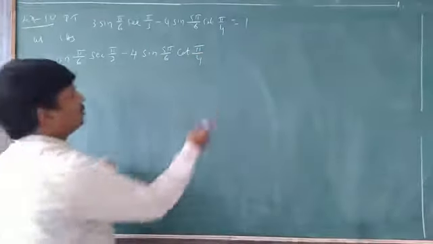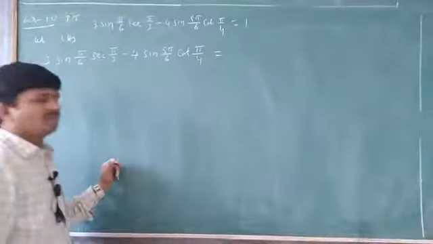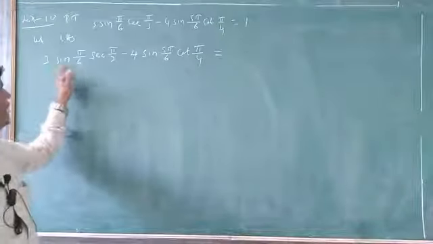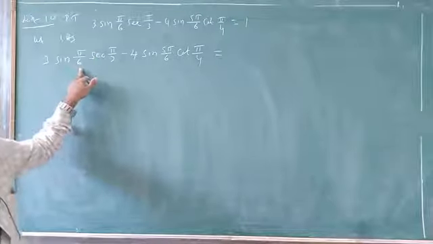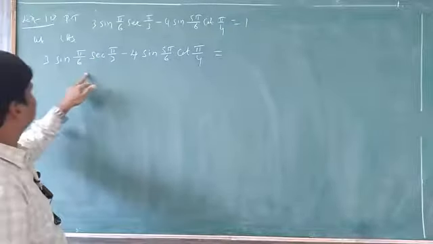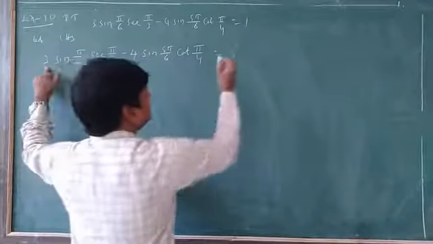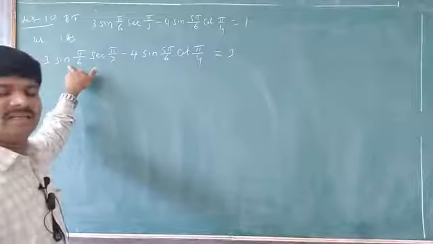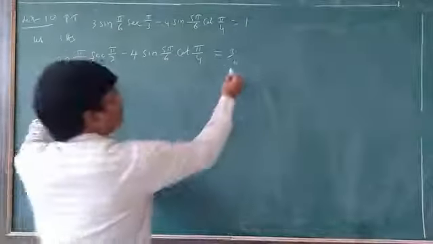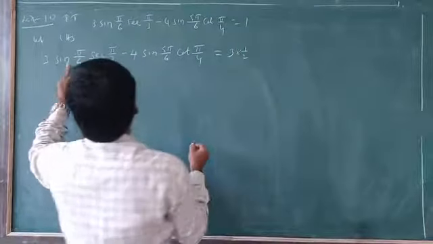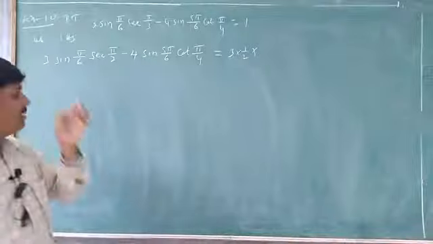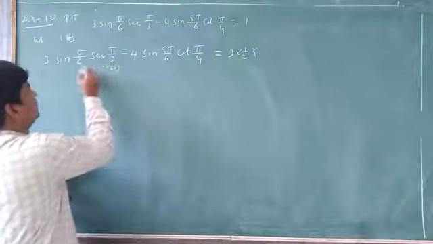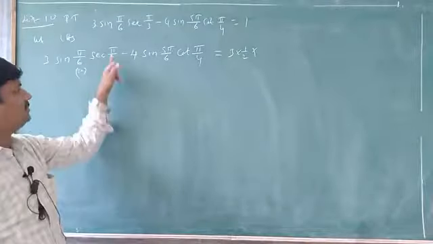Now I am going to simplify. We know these values. Pi by 6 means 30, sin 30 value is 1 by 2, into secant pi by 3. Pi by 3 means 60.